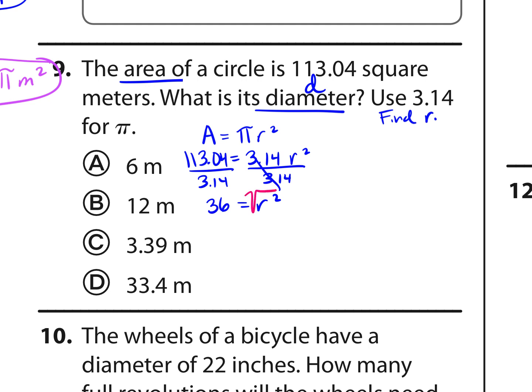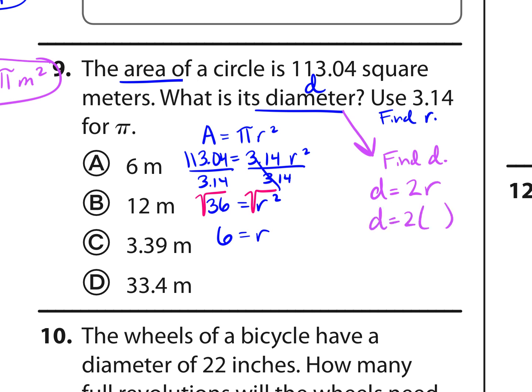Or I could actually take the square root of both sides and say, well, r is equal to the square root of 36, which is 6. So this is r. Now I need to find the diameter, which is equal to twice the radius. So the diameter is equal to 2 times 6, which is 12, and this is measured in meters. Answer choice B.